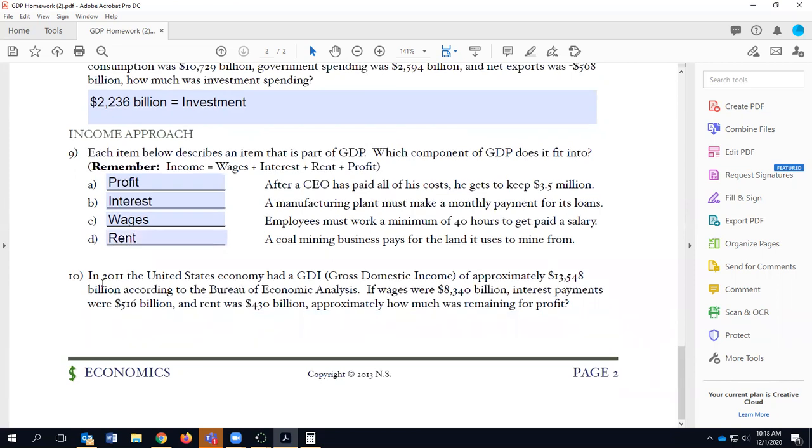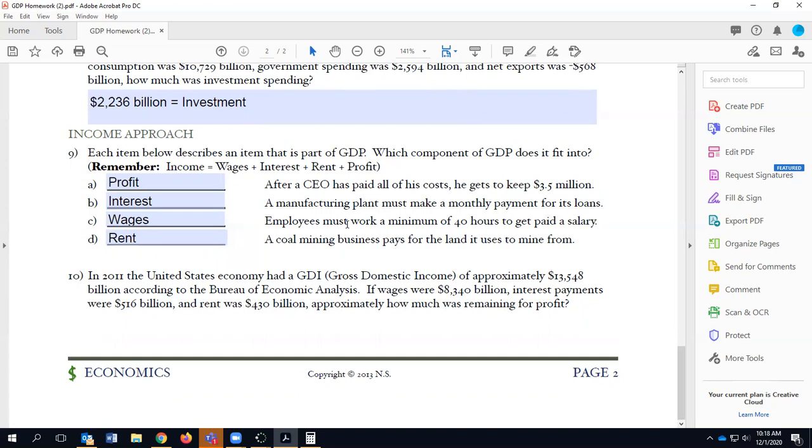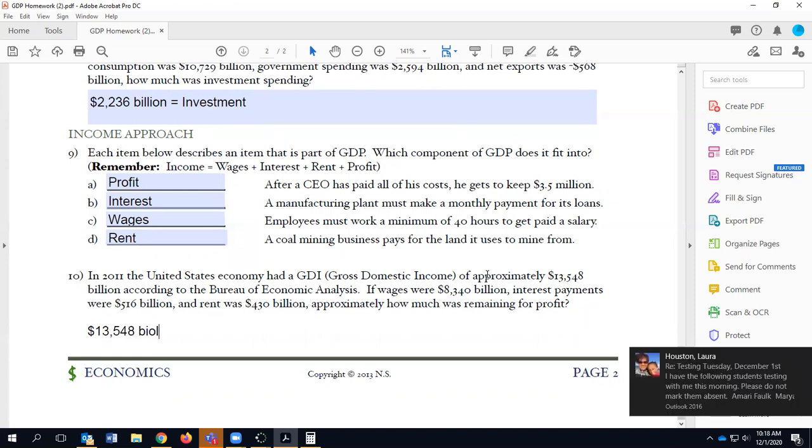So in 2011, we're on number 10, the United States economy had a GDI, gross domestic income, of approximately $13,548 billion, according to the Bureau of Economic Analysis. If wages were $8,340 billion, interest payments were $516 billion, and rent was $430 billion, approximately how much was remaining for profits? Now we're going to do the same thing that we did up here. So our GDI was 13,548 billion.